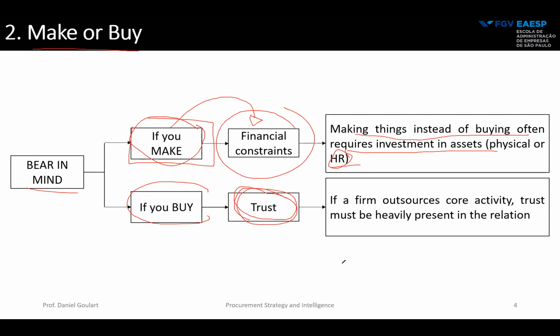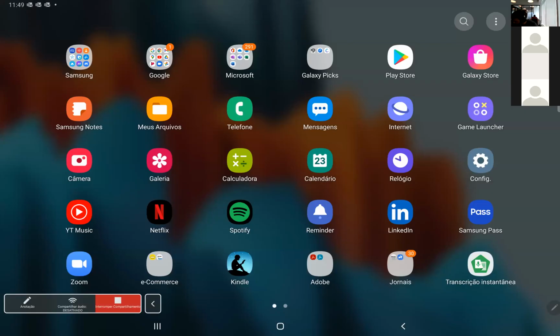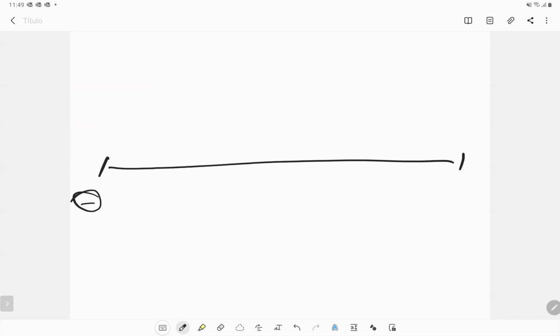When we decide to buy instead of making, we need to consider this spectrum here. Here is less asset specificity. Here is high asset specificity.